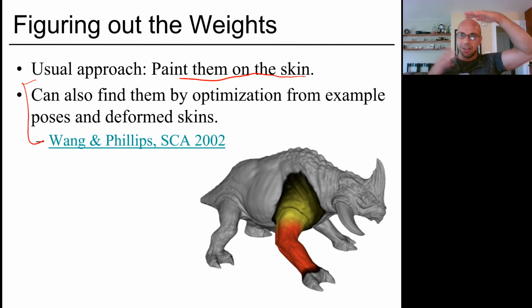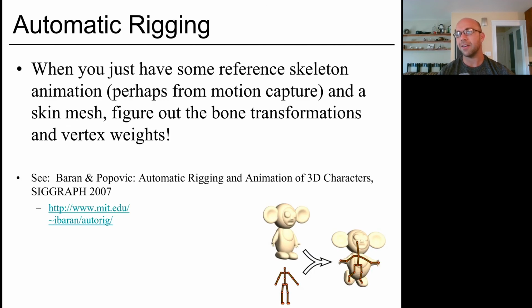Whatever. I'm not a very good Madonna here. But in that case, given a few different poses, I could try to write optimization code that infers the skinning weights given those different examples.